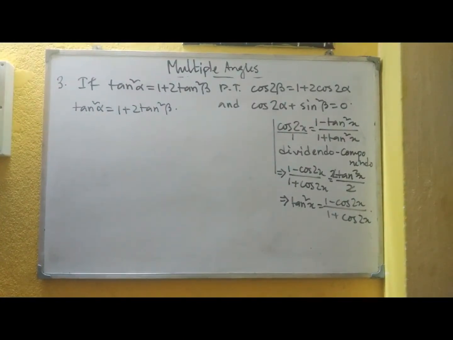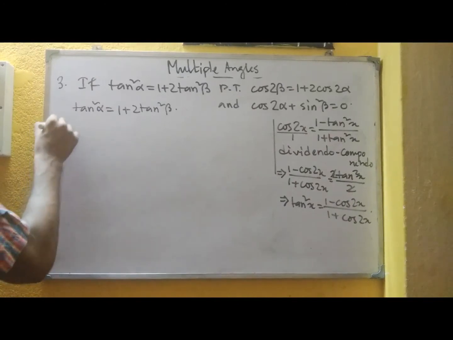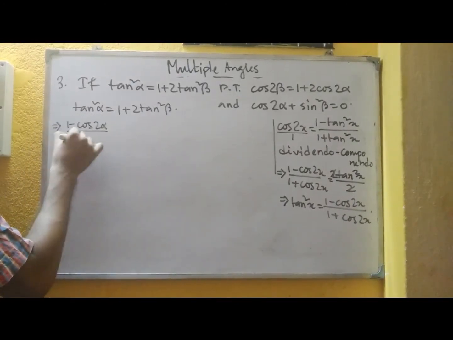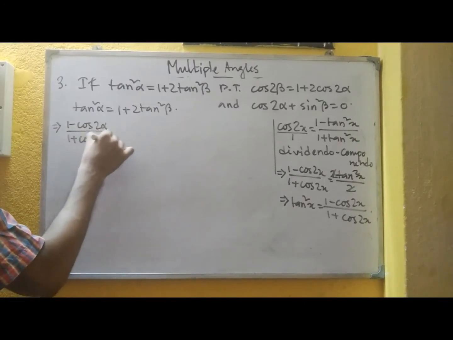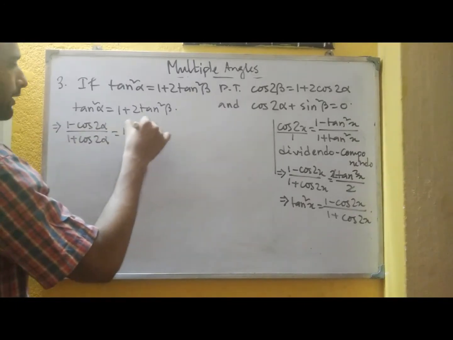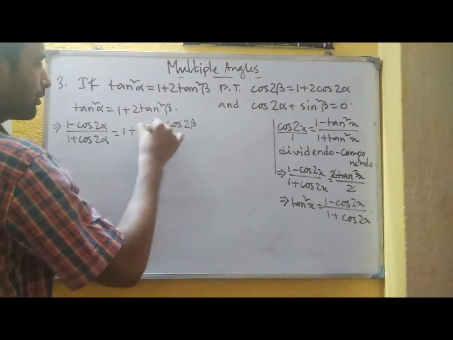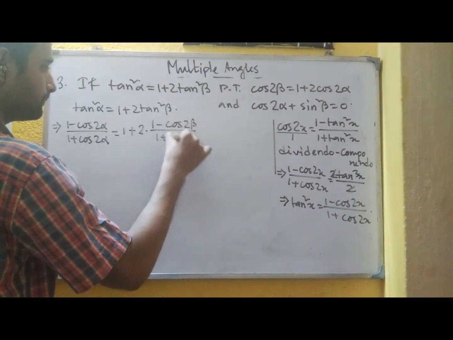So with this, we can start this sum. The expression in the left hand side can be written as 1 minus cos 2 alpha divided by 1 plus cos 2 alpha, and the right hand side can be written as 2 times 1 minus cos 2 beta by 1 plus cos 2 beta.